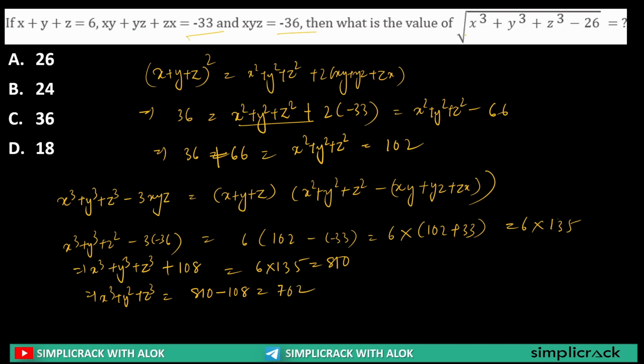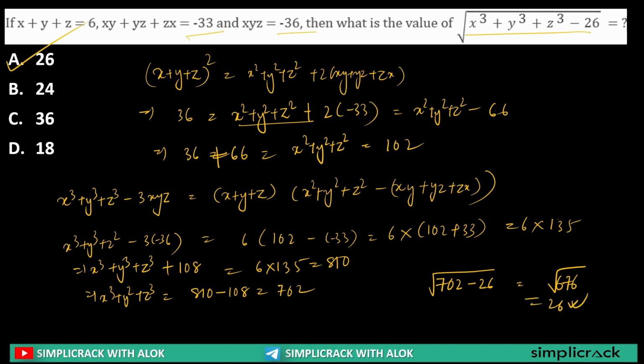Now what has it asked? In place of x cube plus y cube plus z cube, I can put 702 minus 26, square root. So this is equal to square root of 676, which is equal to 26. So 26 is my answer.